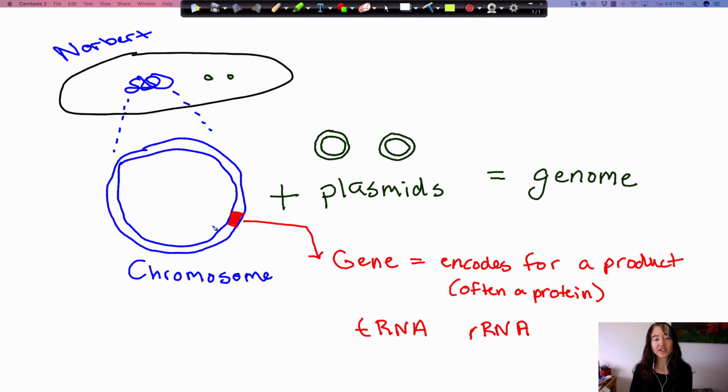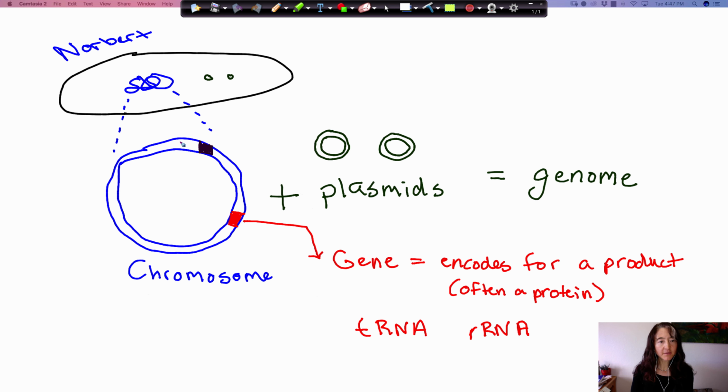So this idea of a gene getting converted into a product requires processing. Let's pick a spot on this chromosome and let's make this dark purple gene right here.